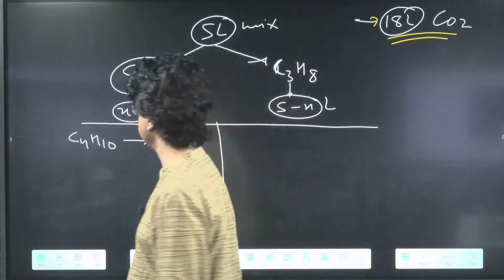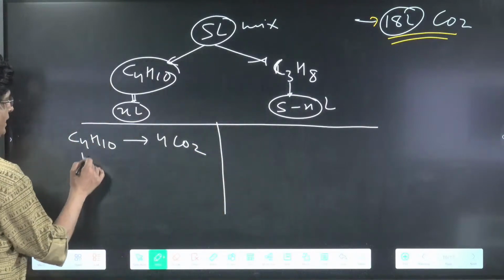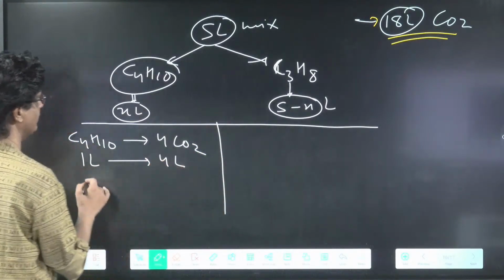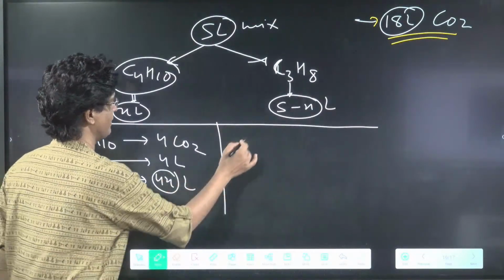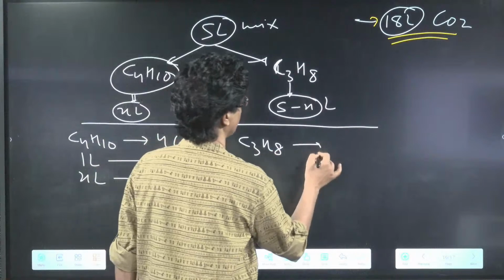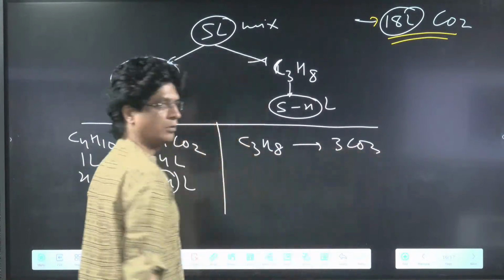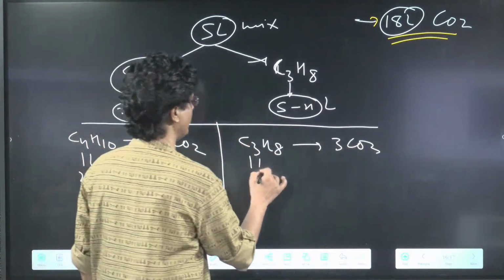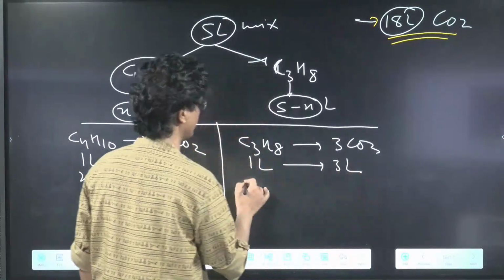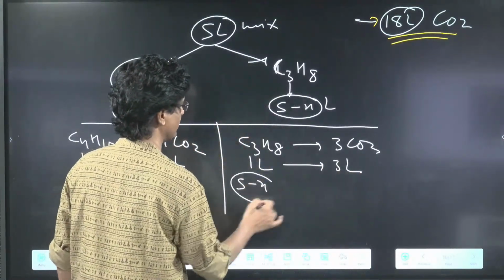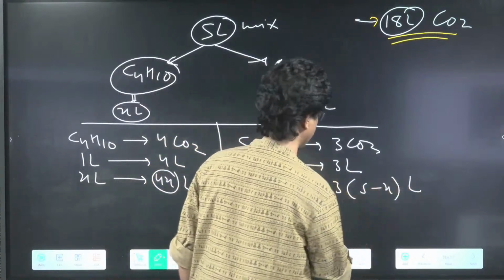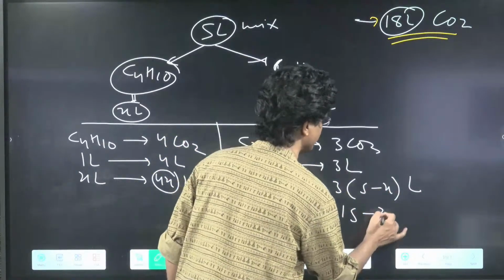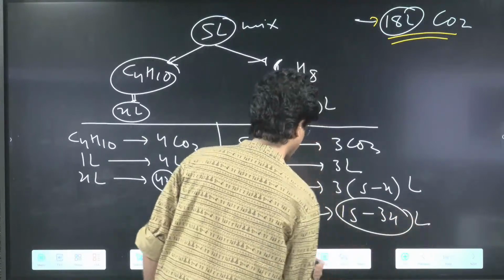So 1 liter will give me 4 liter, x liter will give me 4x liter. Similarly, propane will give me 3 CO2 on balancing carbon. 1 liter will give me 3 liter, 5 minus x liter will give me 3 into 5 minus x, which is 15 minus 3x liter.